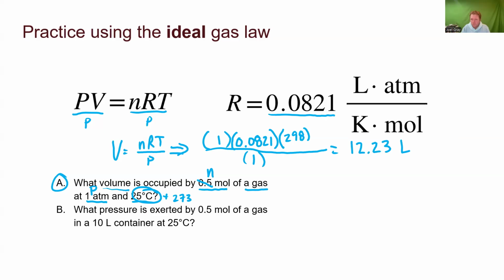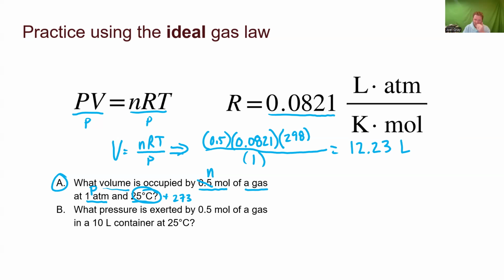What I'm trying to demonstrate is that it doesn't matter if this question read 1 mole of a gas, 60 moles of a gas, or anything like that. This is all there is to it.